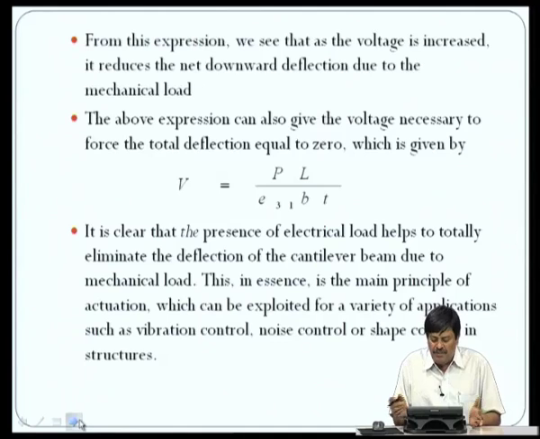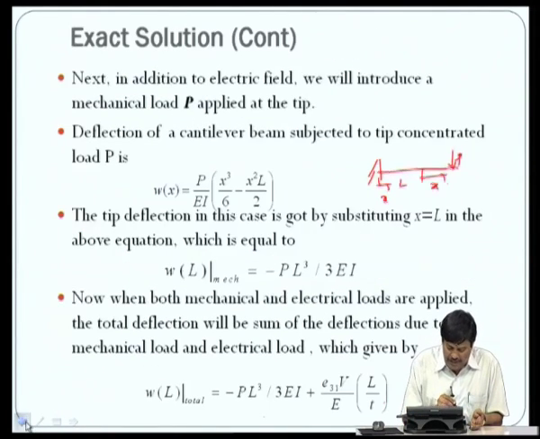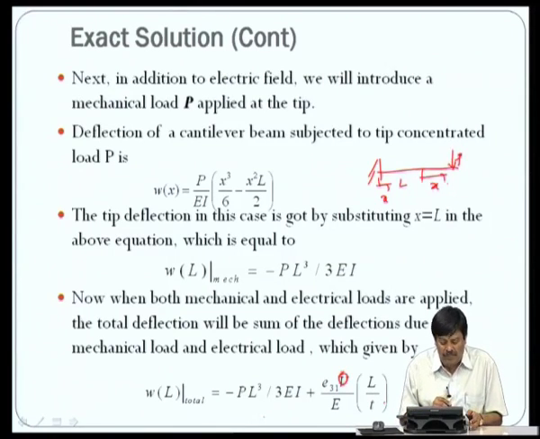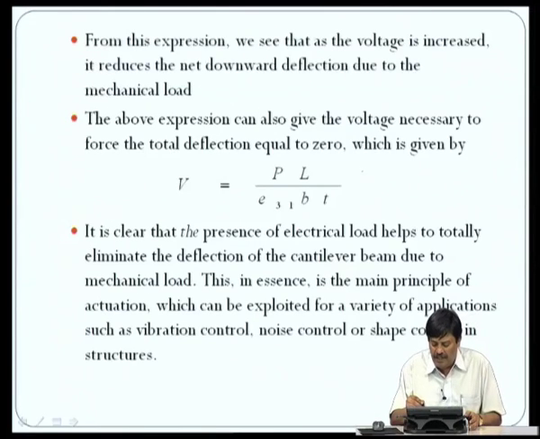From this expression we see that as the voltage is increased, it reduces the net deflection due to mechanical load. We can get an expression for the voltage necessary to make the deflection 0 by equating this term to 0, which gives the V that makes the total deflection equal to 0.